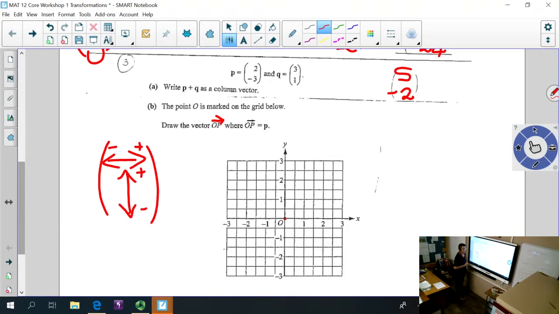If you go down, it's negative. So now I go 1. Don't just count blocks, you'll have to use the unit. So I go 1, 2, and then 1, 2, 3, because it is -3. So this is my column vector. And remember that you will always put an arrow there to indicate the direction.